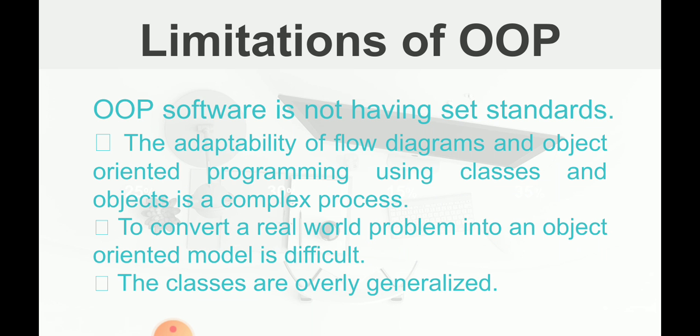To convert a real-world problem into an object-oriented model is difficult. Software development, debugging and testing tools are not standardized. Polymorphism and dynamic binding also require processing time due to overload of function calls during runtime. These are some of the limitations. They are very small limitations.